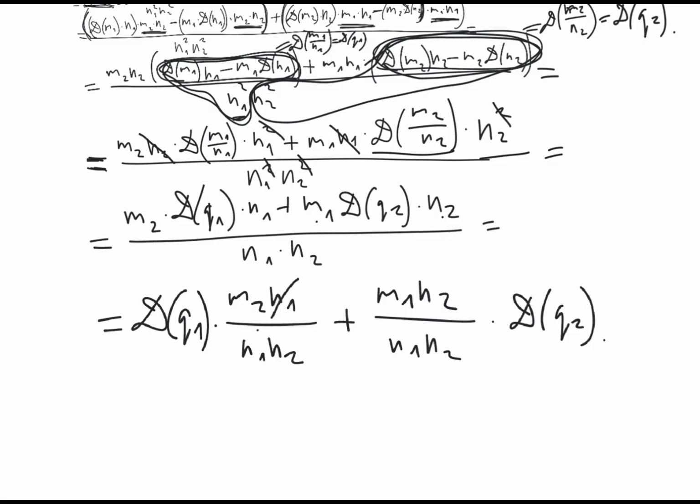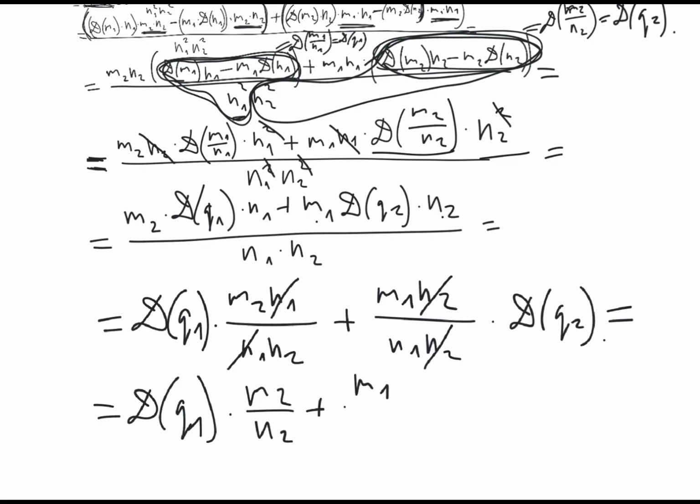So now n1 and n2 cancel each other. What remains is d of q1 multiplied by m2 over n2 plus m1 over n1 multiplied by d of q2.